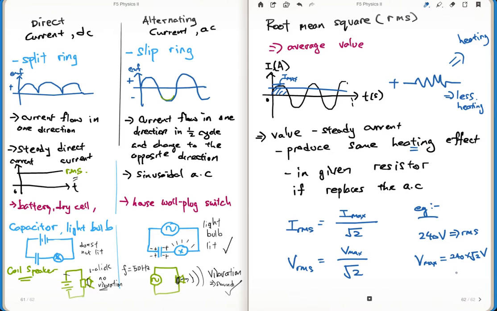If you have a calculator with you, the value would be much greater than 240.